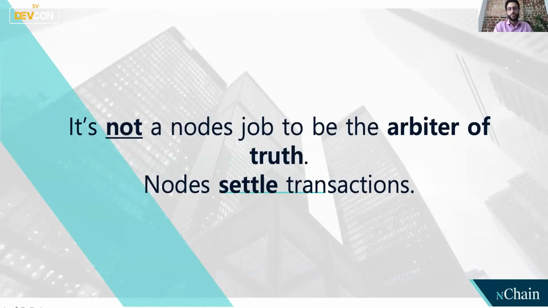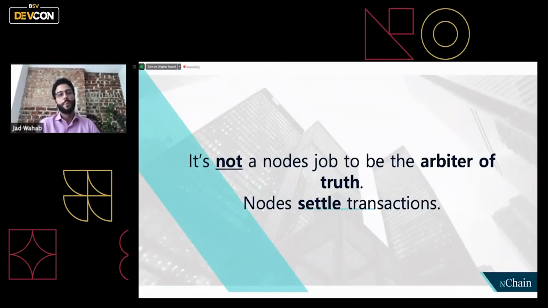Nodes settle transactions, and they do a really good job of that, because they add blocks to the blockchain, and one of the rules for blocks to be added is that no double spends can occur. So nodes settle the transactions properly, and it's not their job to be the arbiter of truth and find out which transaction is the truthful one.